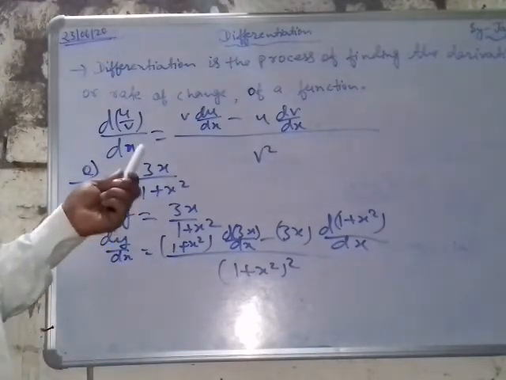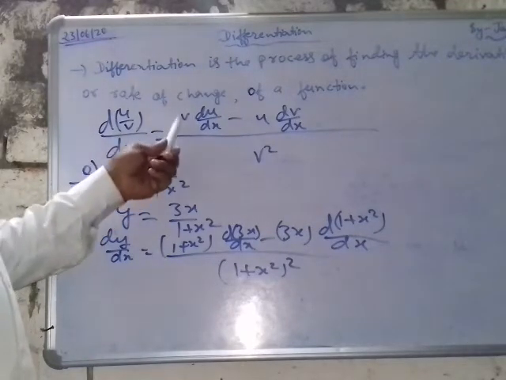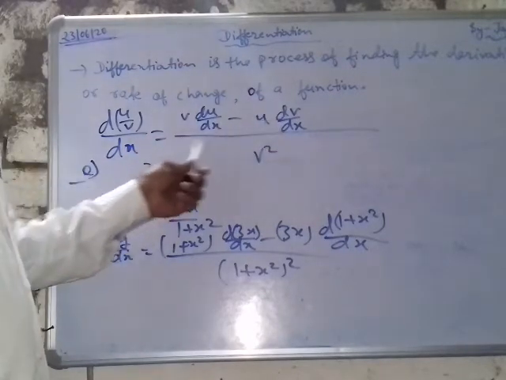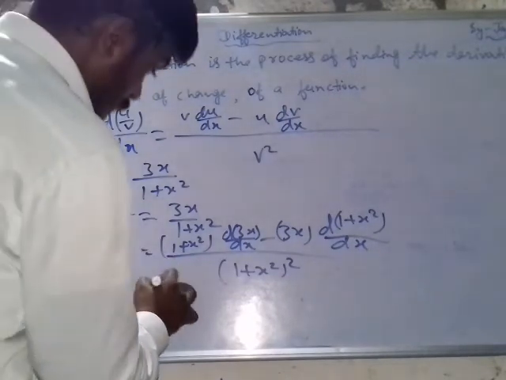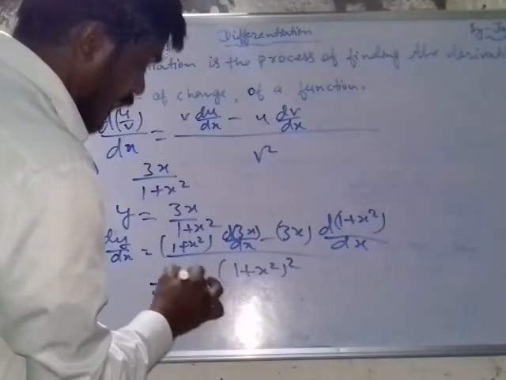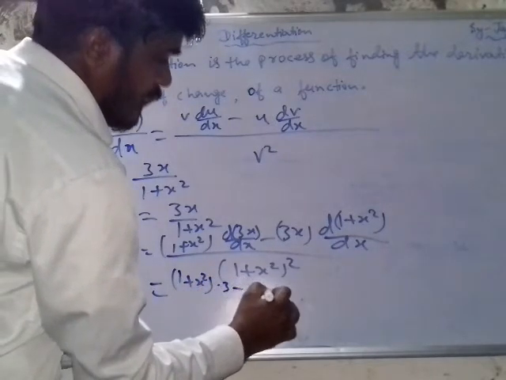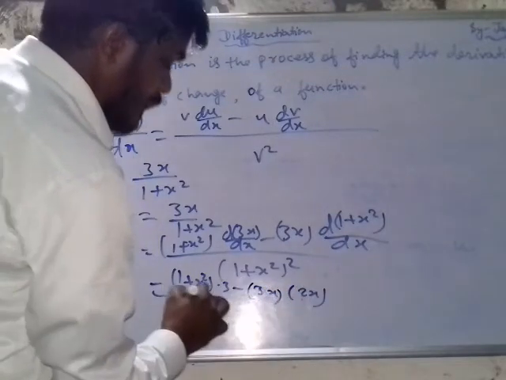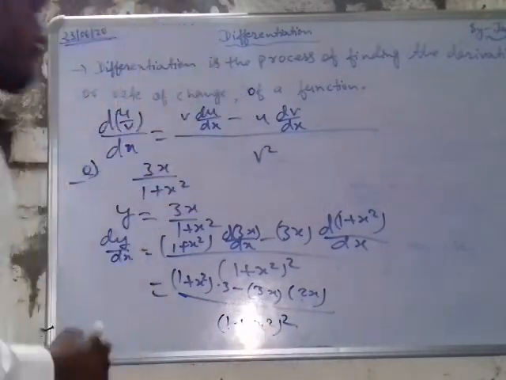Then we differentiate it by using this formula: d of u by v by dx equals to v du by dx minus u dv by dx, divided by v square. So the final result becomes 1 plus x square into 3 minus 3x into 2x, divided by 1 plus x square to the power whole square.